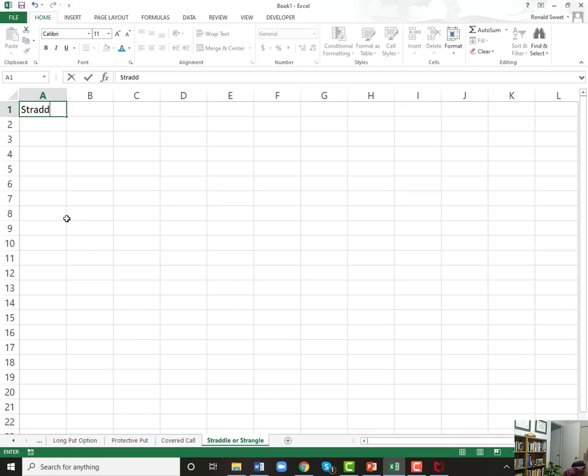With the straddle or strangle, you're going to buy both the call and the put, but you do not own the stock. So you're long the call, you're long the put, but you do not own the underlying stock.